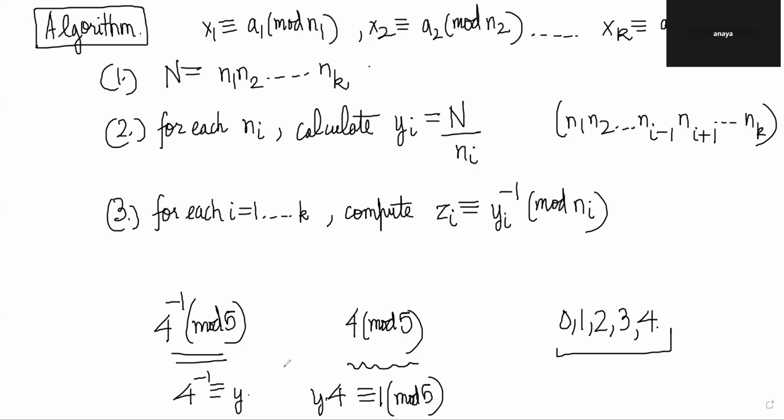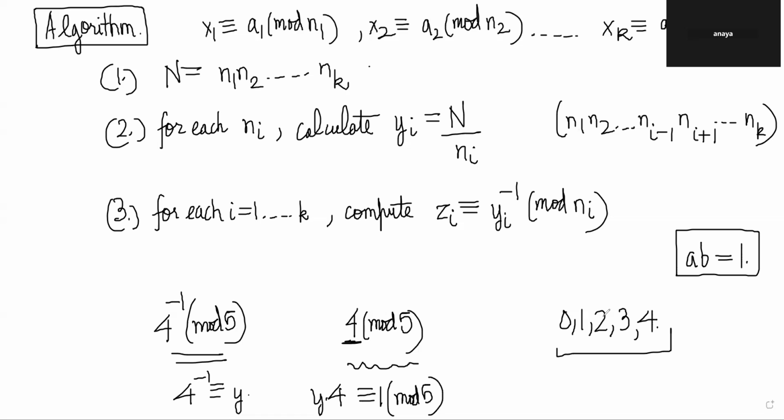When you say two numbers are inverse of each other, usually you have A into B should be 1, right? So if 4 mod 5, I want to find the inverse of 4. Which number can we multiply with 4 so that the final answer will be 1 mod 5?